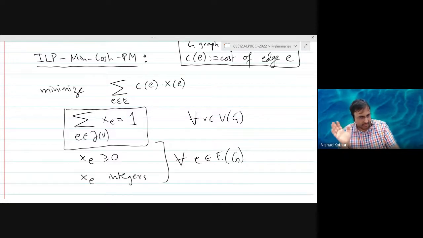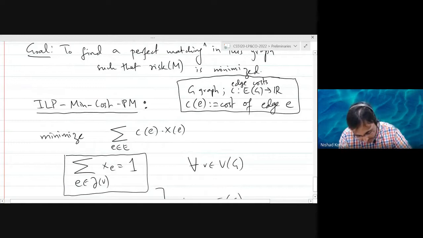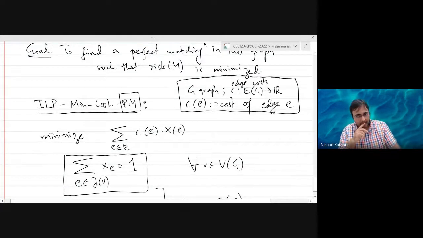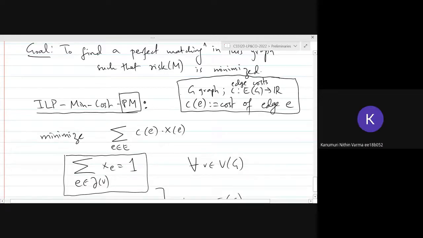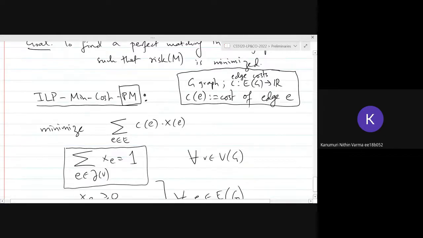If we were trying to find a maximum matching in case our graph did not have a perfect matching, then I would put down a less than or equal to 1 here. But this is because the graph has a perfect matching, and we are assuming that in our problem statement. If we allow less than or equal to 1, we always get zeros as the optimal answer. That's a good point.